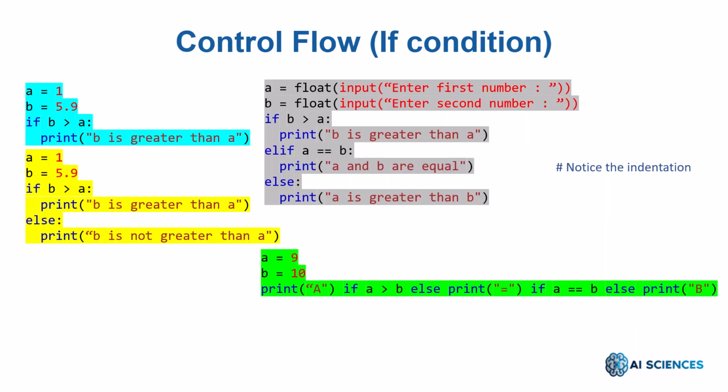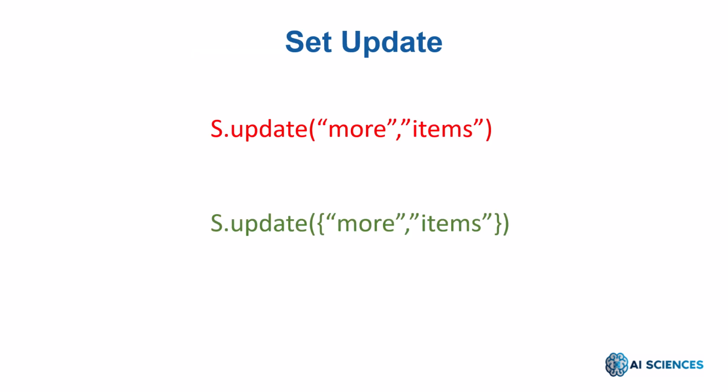Then we saw if conditions, and we saw the structure if, elif, and else. We saw the shorthand notation, and here we ended last time. Today we will start by first giving you the exact code that we were getting the error on, the update function on set, and then we will be moving on towards some more.